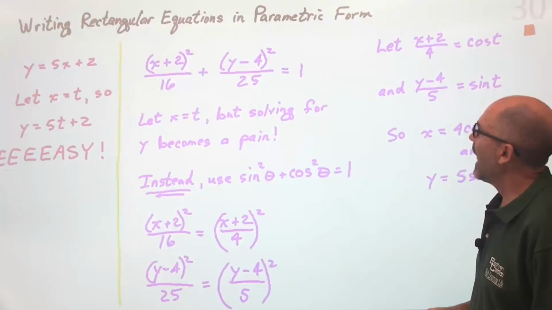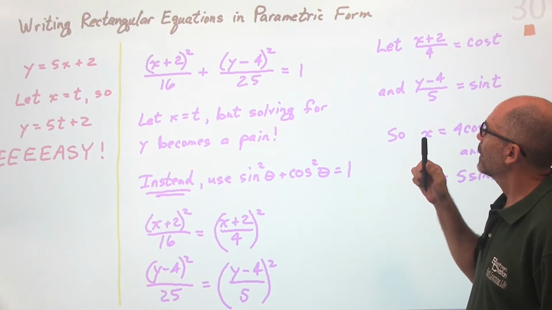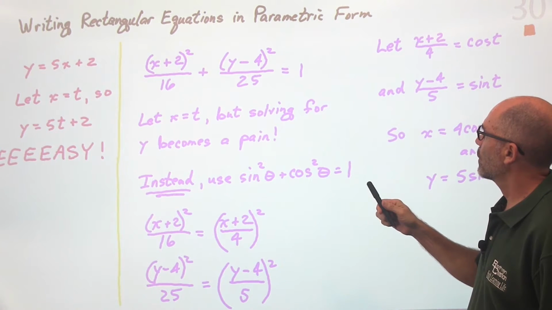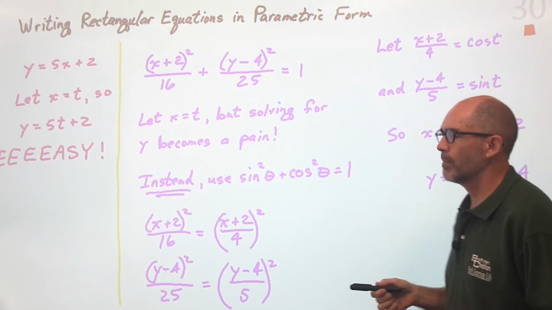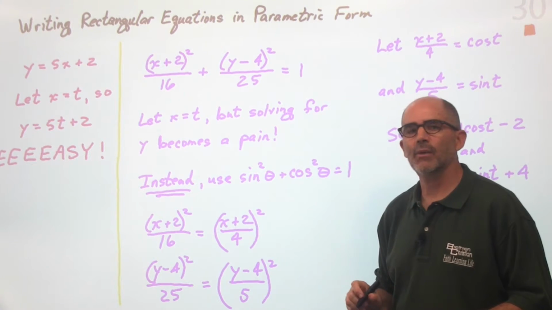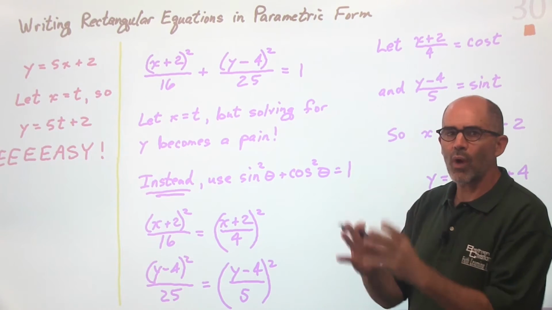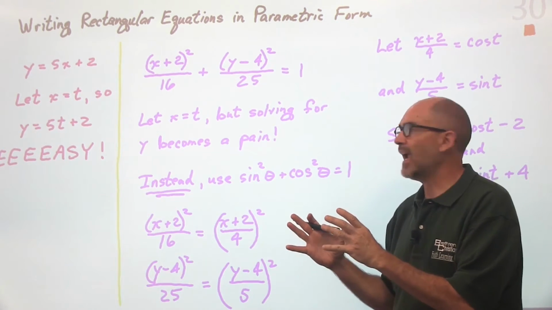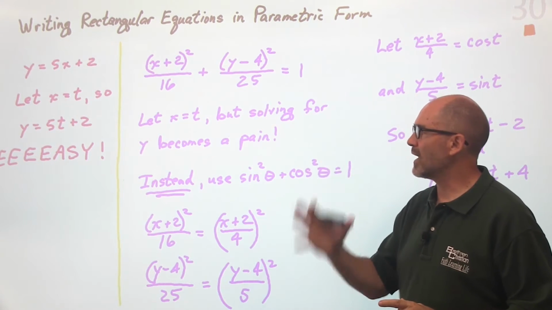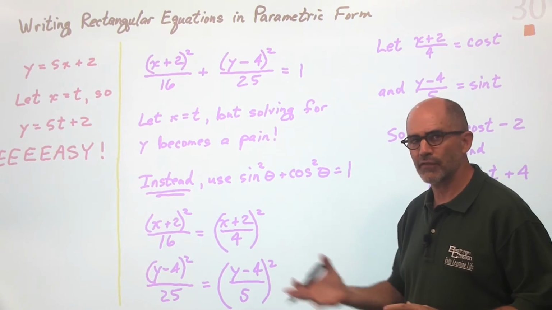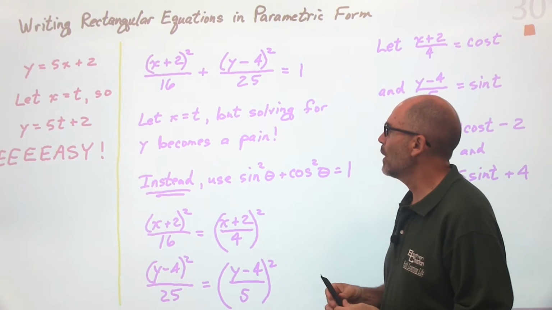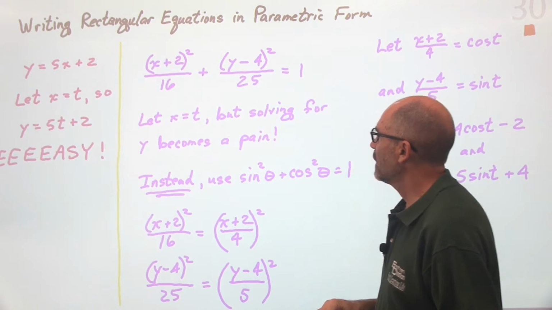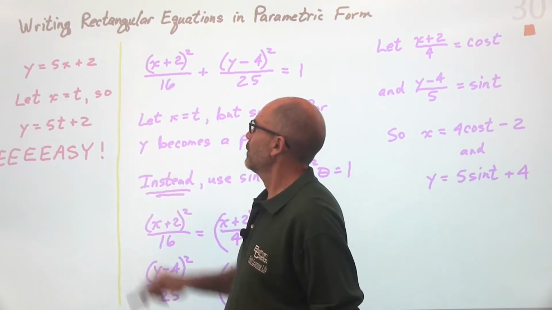Okay, last one. We're going to write rectangular equations in parametric form. Okay, so basically what that means, we start with y as a function of x, and we turn it into x as a function of t and y as a function of t. So the first one is y equals 5x plus 2.